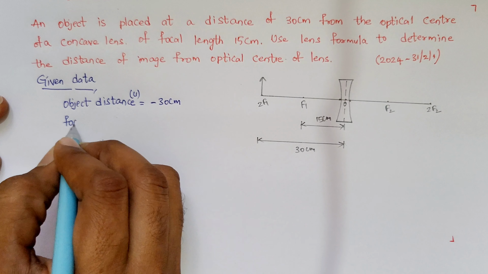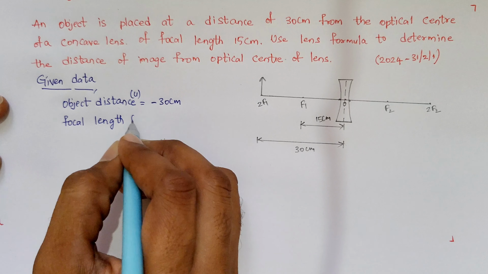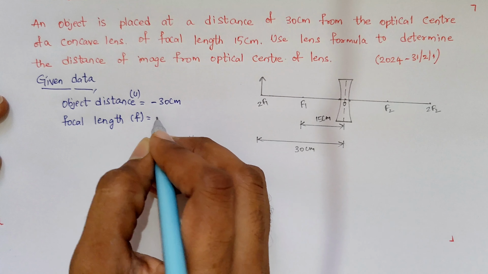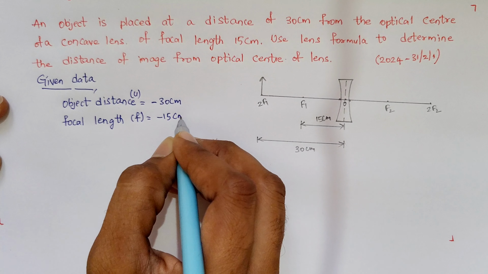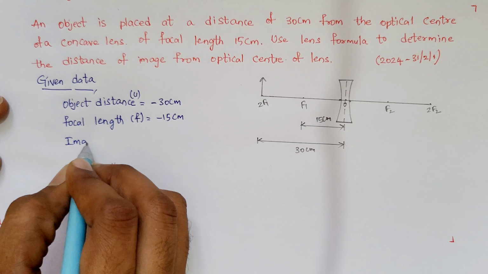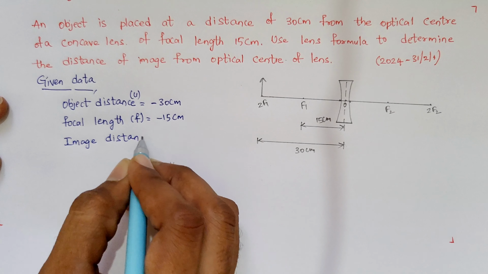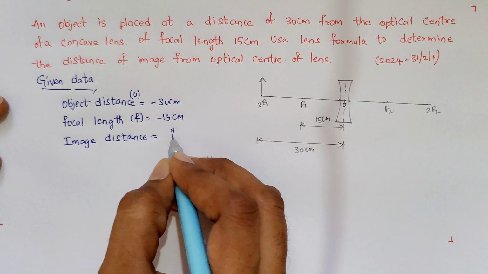And they also have given focal length. Focal length, in bracket small f, is equal to minus 15 centimeters. They ask you to find out the image distance. Image distance is equal to question mark.